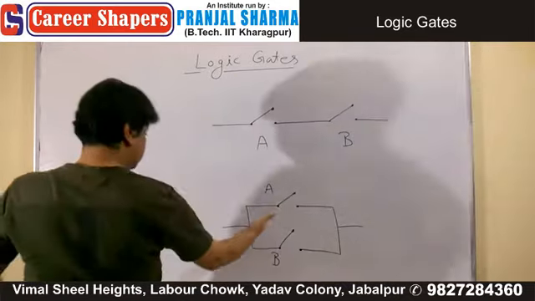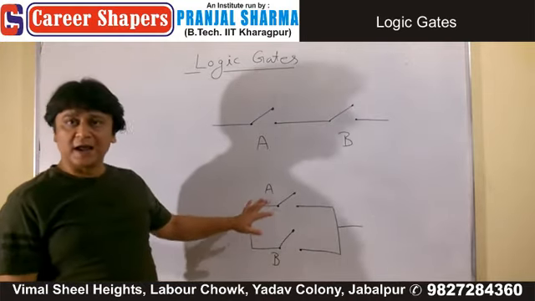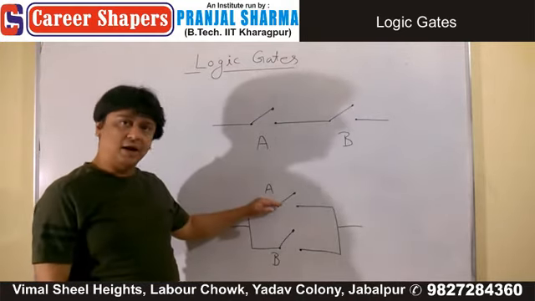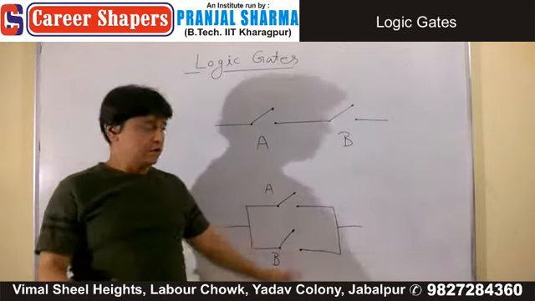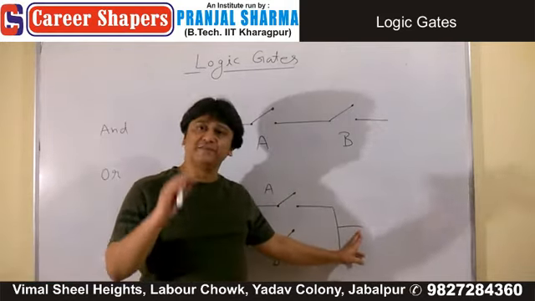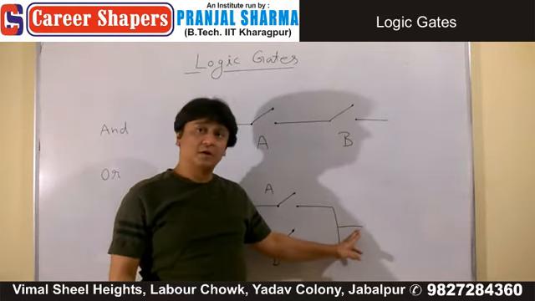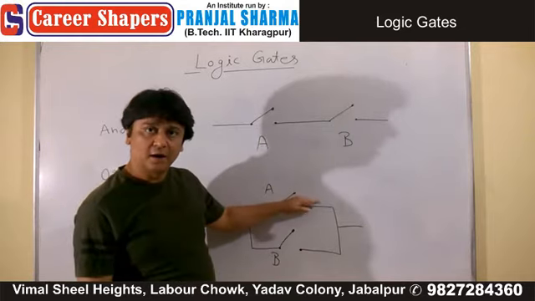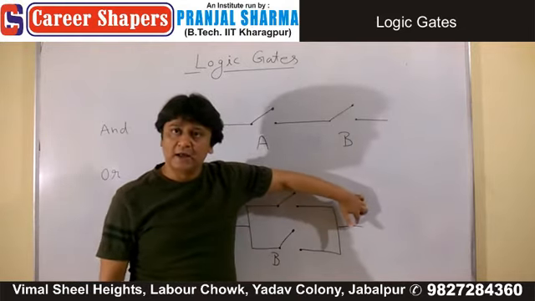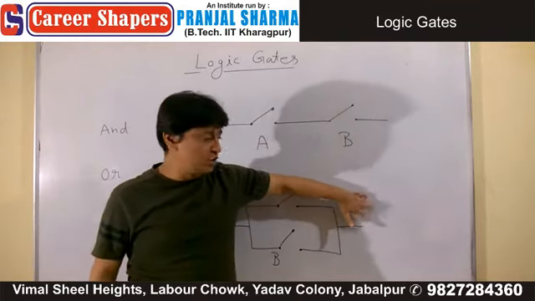Whereas for this one, you can say current can flow from A or B. If you need to receive current at this place, then there are different ways. Current can flow through A, you will record a reading of current over here.